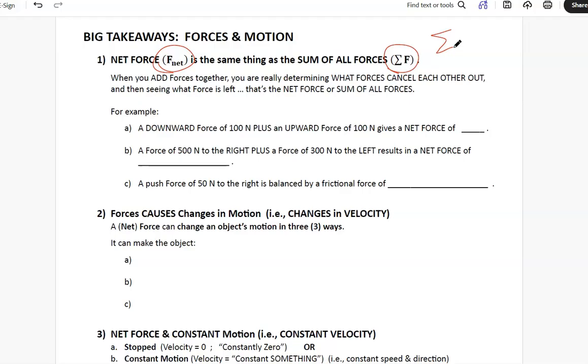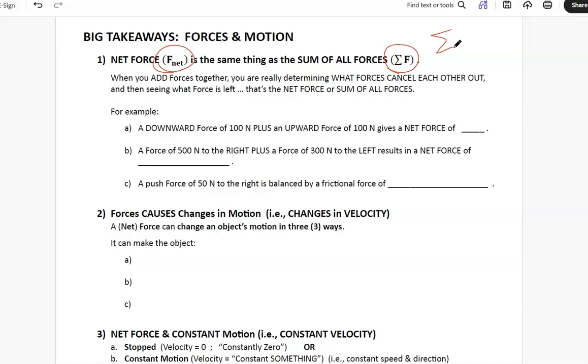You're adding up all the different forces. Some might be in the same direction, some in opposite directions, some perpendicular, some in some other direction. When you add them all up, some things get canceled, some get added together, some are subtracted. Whatever's left, that's your sum of all forces, and we call that the net force.